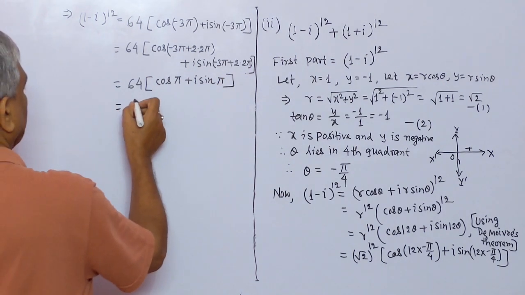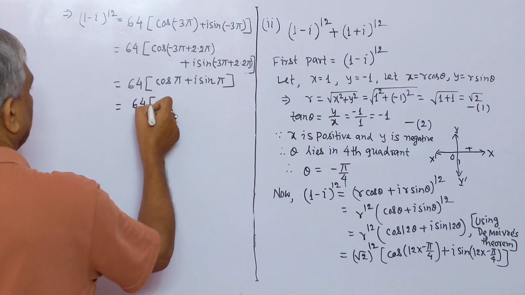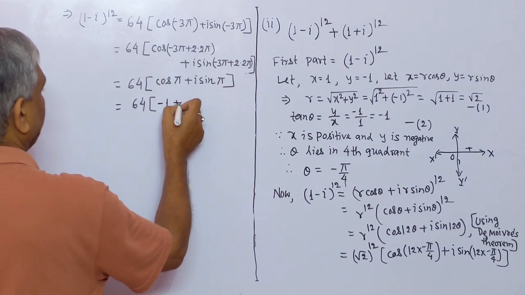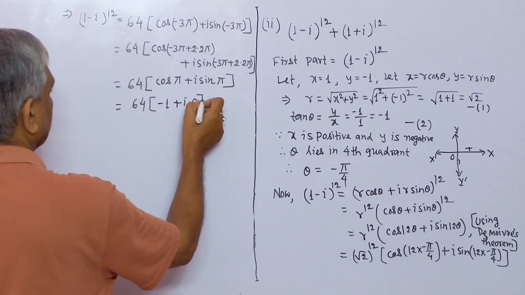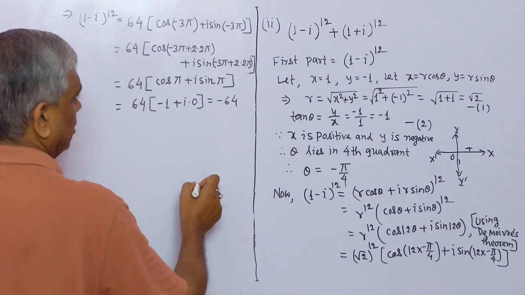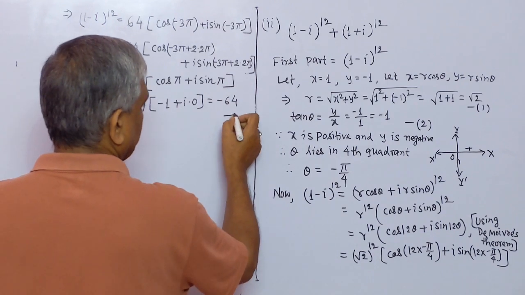This is 64, cos pi is minus 1, sin pi is 0. This is minus 64. Let this be number 3.